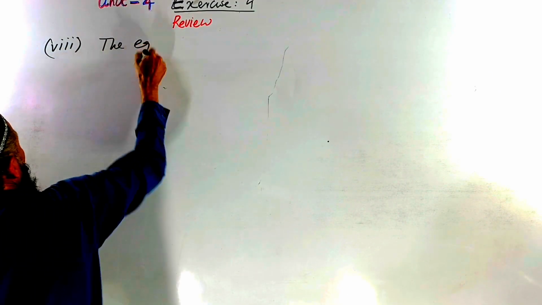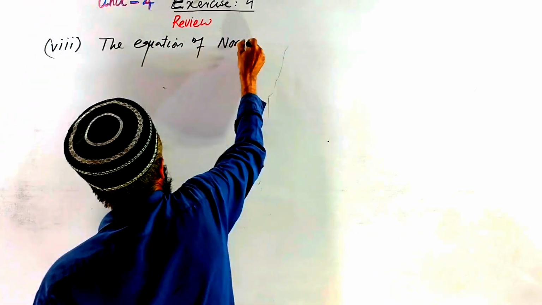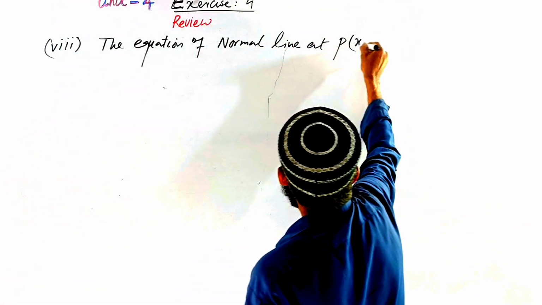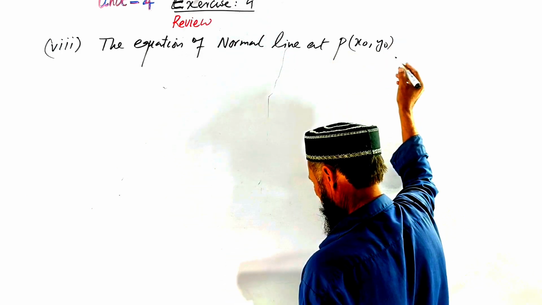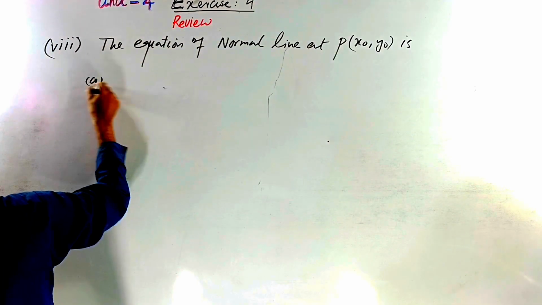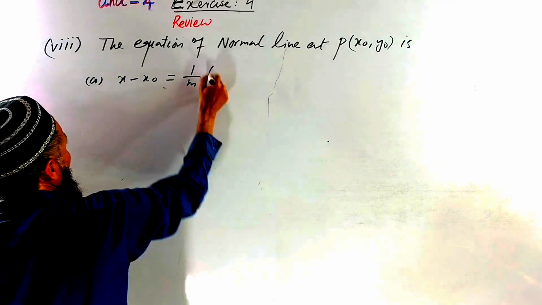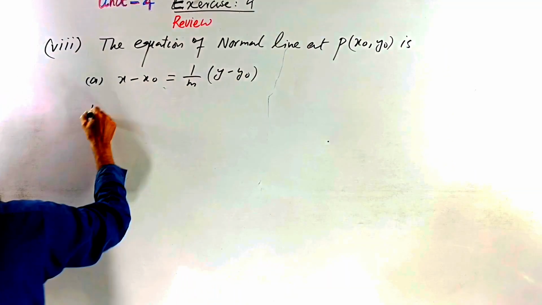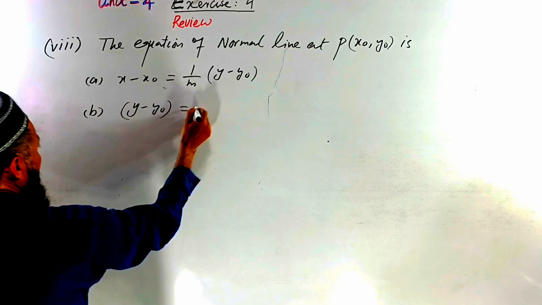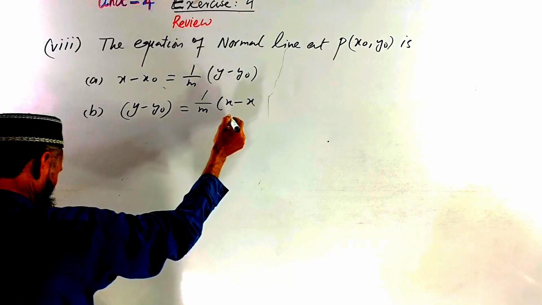The equation of the normal line at point x naught y naught is: x minus x naught is equal to 1 over m y minus y naught, and option B is y minus y naught is equal to 1 over m x minus x naught.